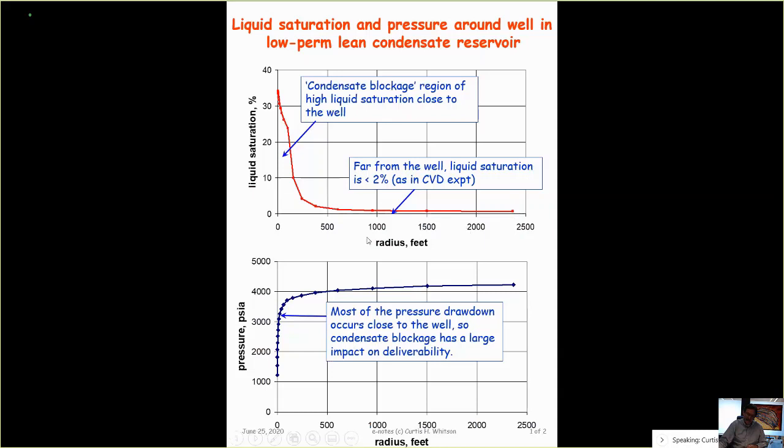For vertical wells that are not stimulated, the vast majority of pressure drop occurs exactly where you have this reduced permeability.